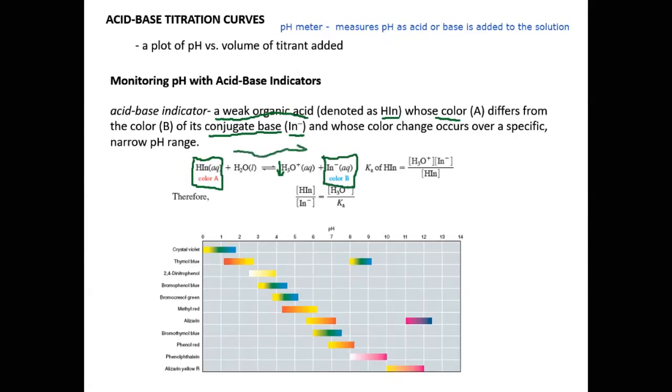So it shifts the reaction to the right and makes more product, which over time will cause the solution to turn blue. So that's what happens when you add a strong base. It reacts with the weak acid, it pushes it to the right, making more of the blue color in this example, and so your solution turns blue.